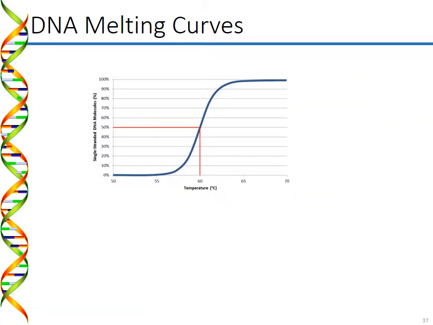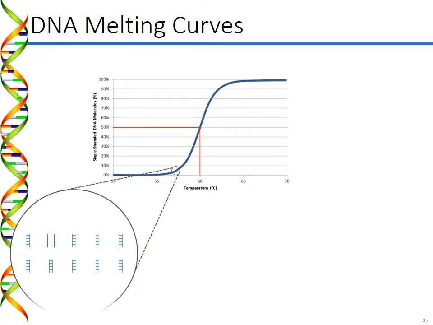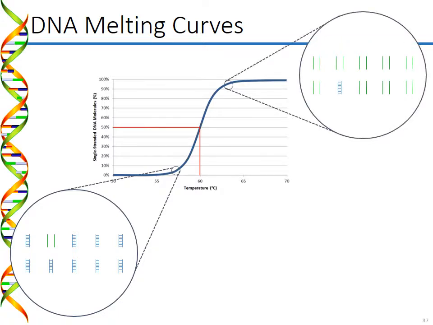So we just looked at some of the extremes on the graph, at the low end, at the high end, and at exactly 50%. Let's look at some spots in between. If we were to pick this spot here along the graph, we would be looking at approximately 10%. This appears to be about 57 degrees or so. Whereas if we look up here at about 63 degrees, we're looking at about 95% of molecules in their single-stranded formation.